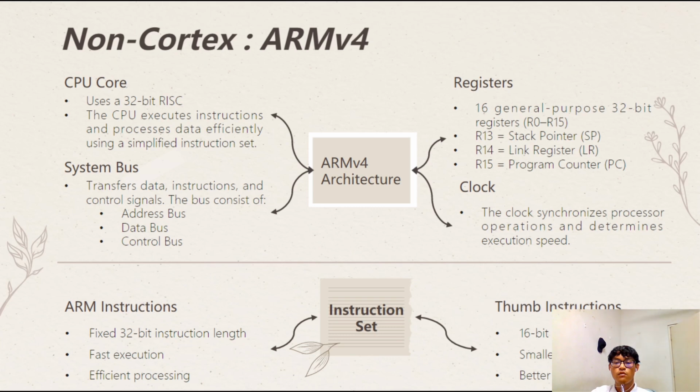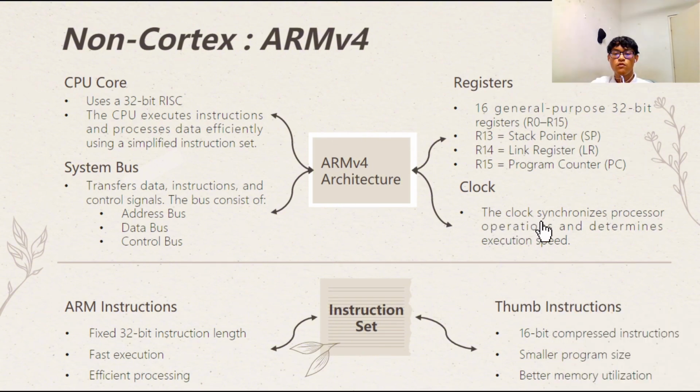Then the next one, R14, equals the link register. It stores the return address during a function call. And the last one is R15, the program counter. It contains the address of the next instruction to execute. So the next one, the clock, synchronizes processor operation and determines the execution speed.